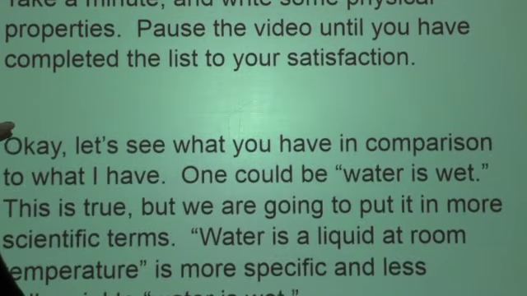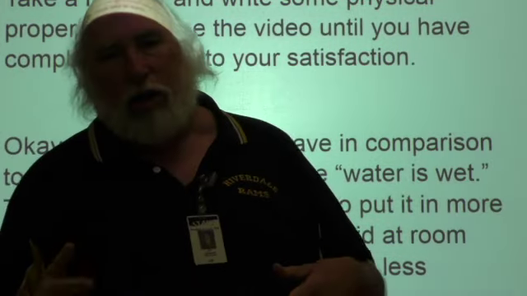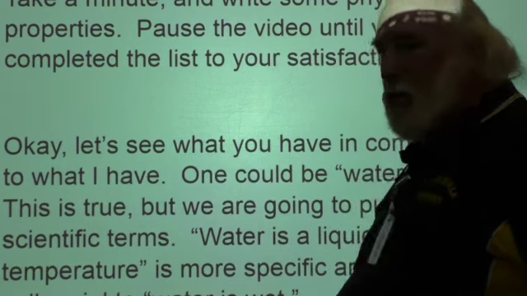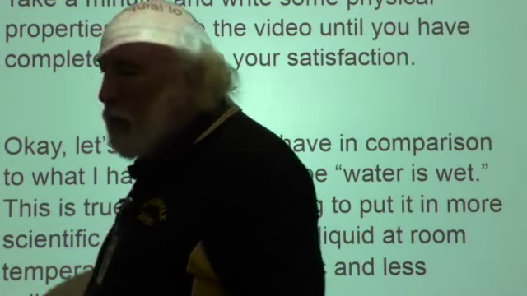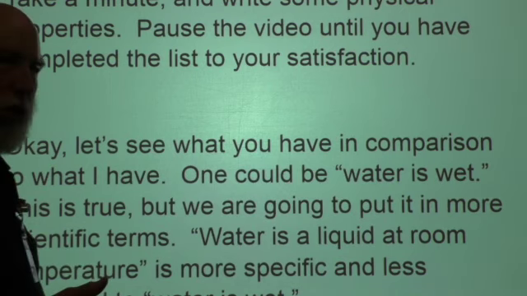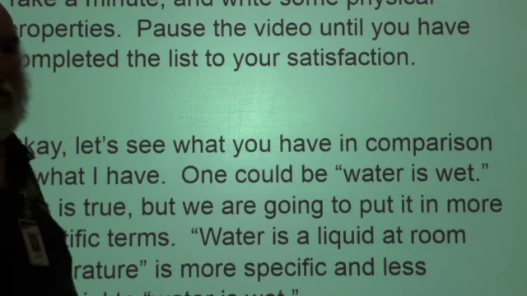So the first thing I have is that a lot of people, when I ask them this question, will write down that water is wet. Well, yeah, water is wet, but that's not a very scientific way of explaining what that means. And this is probably an advanced culture, and they would like to know what does wet mean.